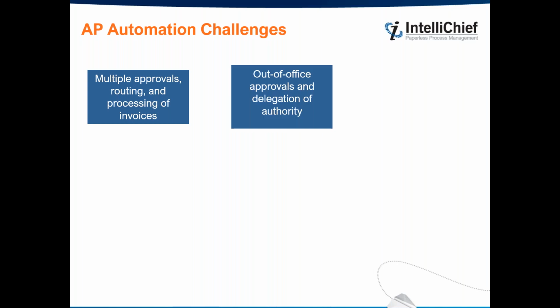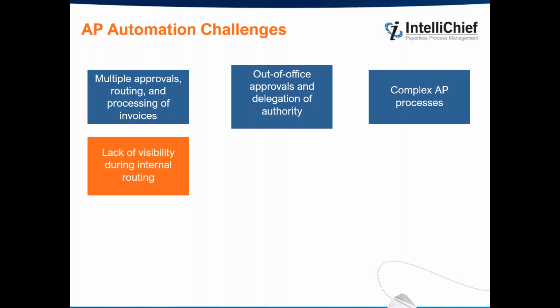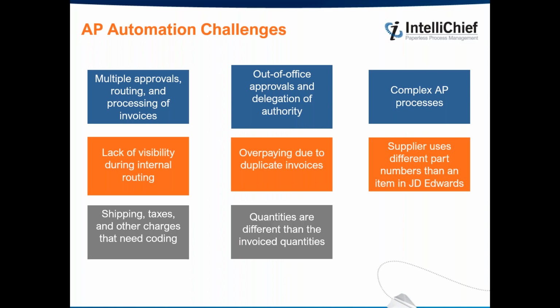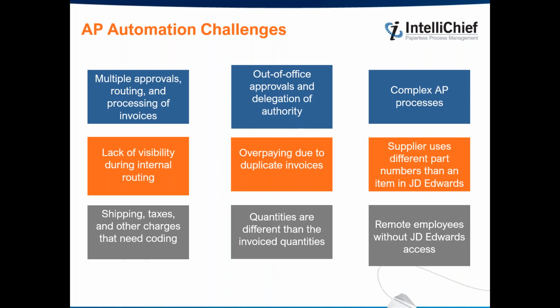Again, some of these might resonate for you. It all goes back to what you do today. What you do today is either document paper-based, using email. It's not leveraging workflow. So when you think about your own business process today, where are your challenges? Do invoices need to be routed throughout multiple levels of approval?